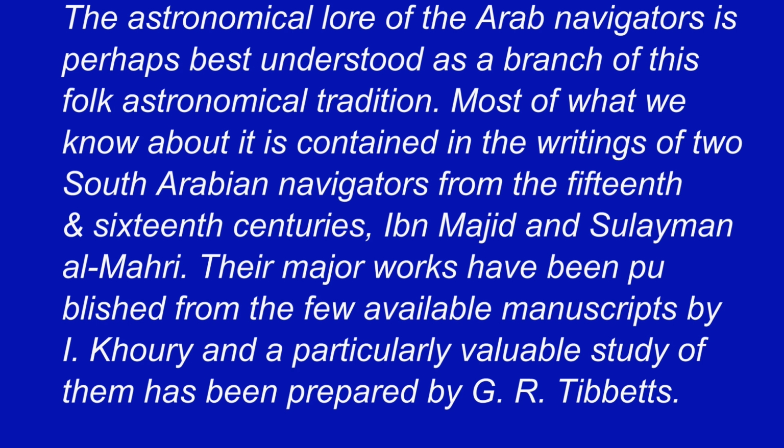The astronomical lore of the Arab navigators is perhaps best understood as a branch of folk astronomical tradition. Most of what we know about it is contained in the writings of 2 South Arabian navigators from the 15th and 16th centuries, Ibn Majid and Suleiman al-Mahri.